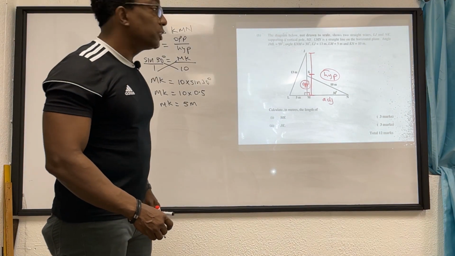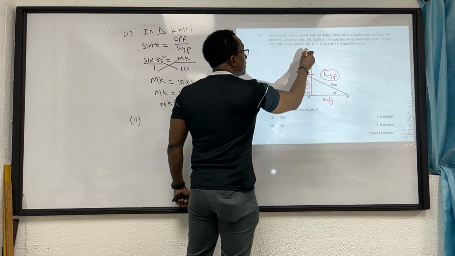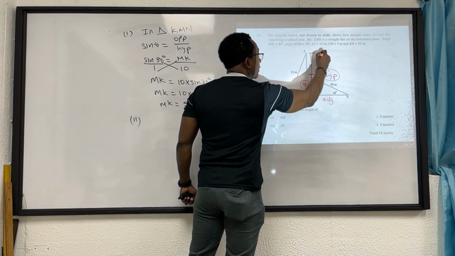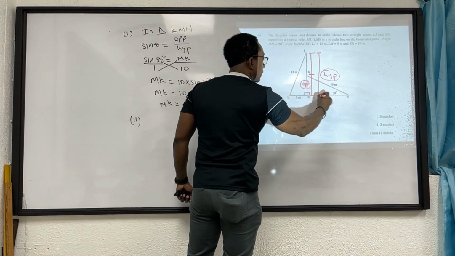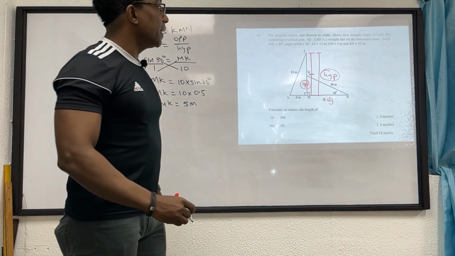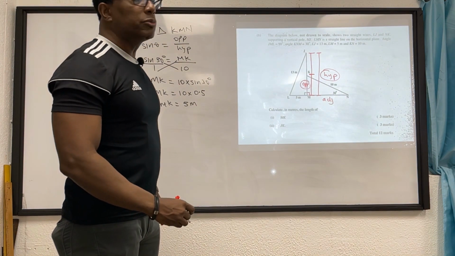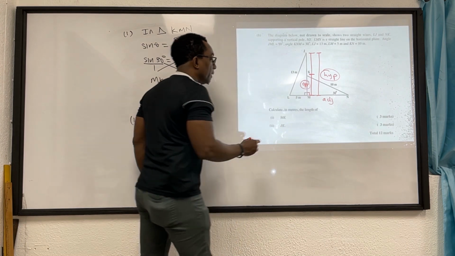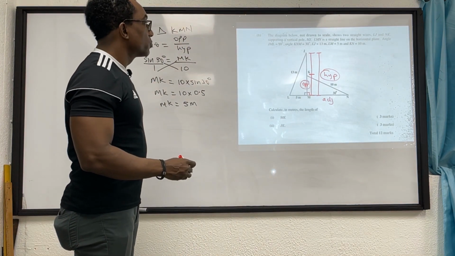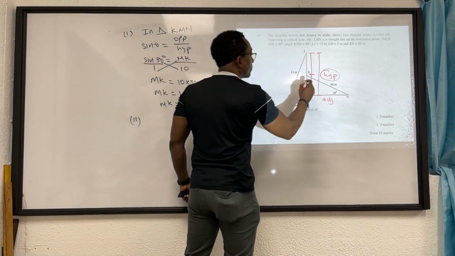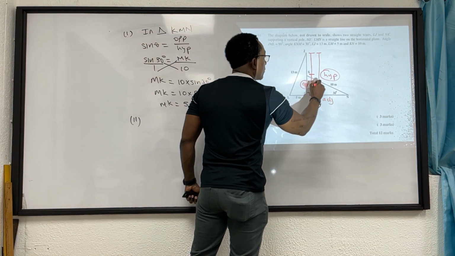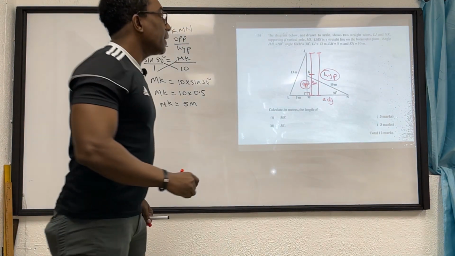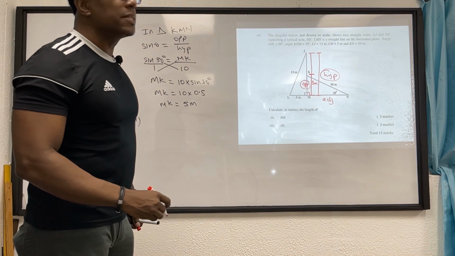And to find JK, if I find the length of JM, and I subtract from the length of JM the length of MK, which we just got previously to be 5 meters, then I can easily determine the length of JK.